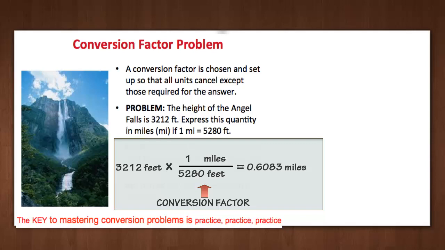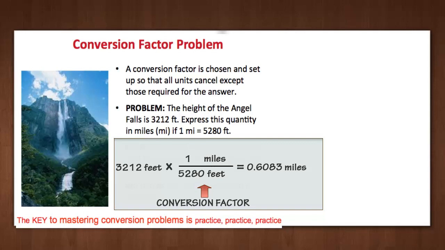We then decide that we're going to take that initial information and follow our protocol, which means multiplying by our conversion factor. The conversion factor, remember, is always a fraction. In the denominator of the fraction, or the bottom, we're going to put our undesirable units. Here that's feet, because we're converting away from feet into miles.